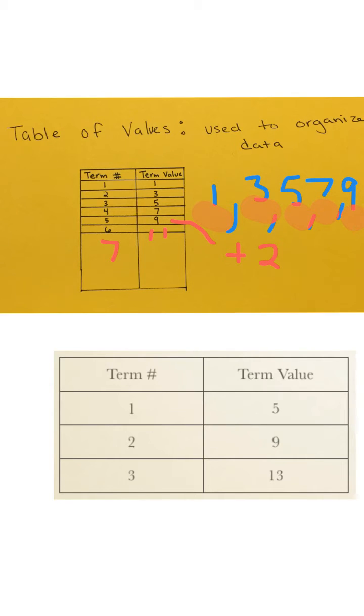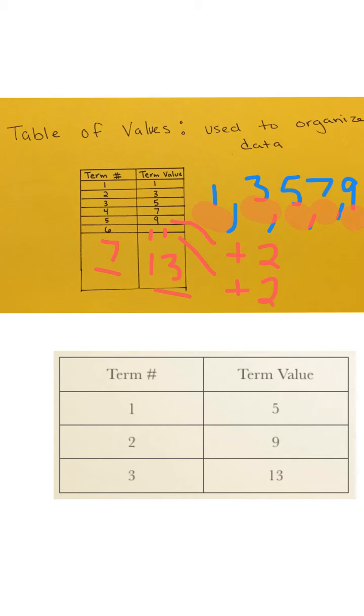So my 6th term would be the number 11. For my 7th term, that would be 11 plus 2, and 11 plus 2 is 13. So for the 7th term, my term value is 13.